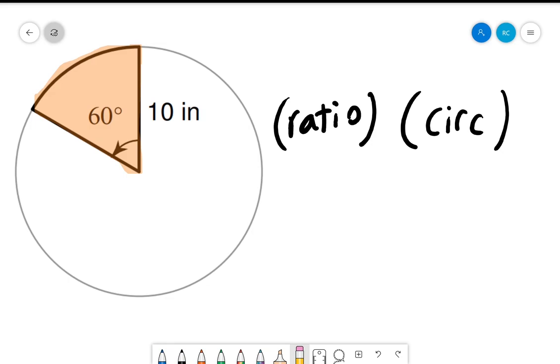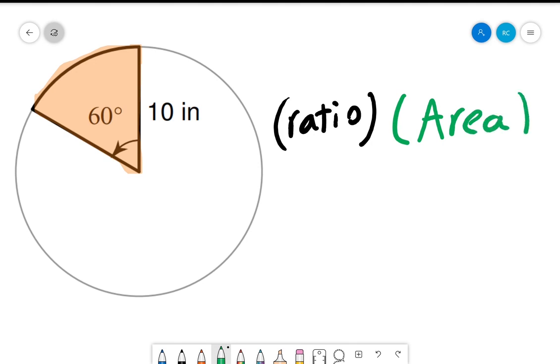With area, it's exactly the same, except you're going to take the ratio and multiply it by the area. We still have some fraction of a circle. We're still going to take the total area and multiply it by that fraction.